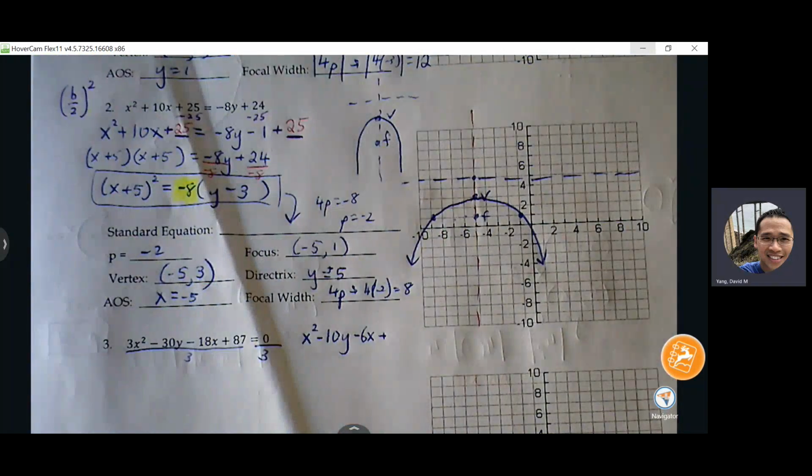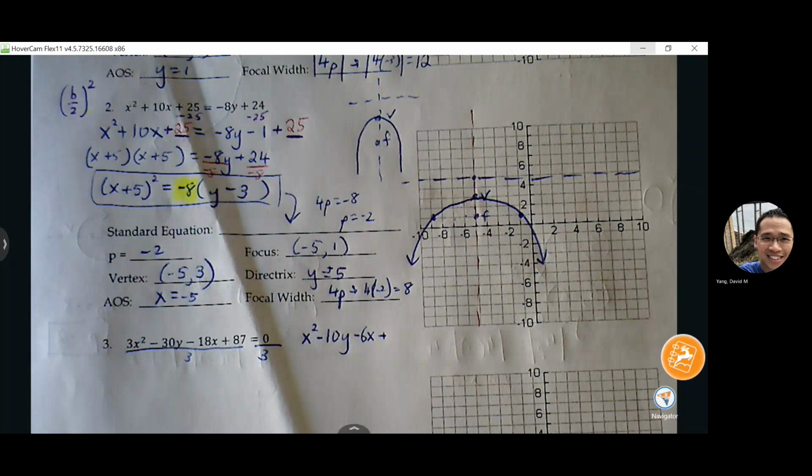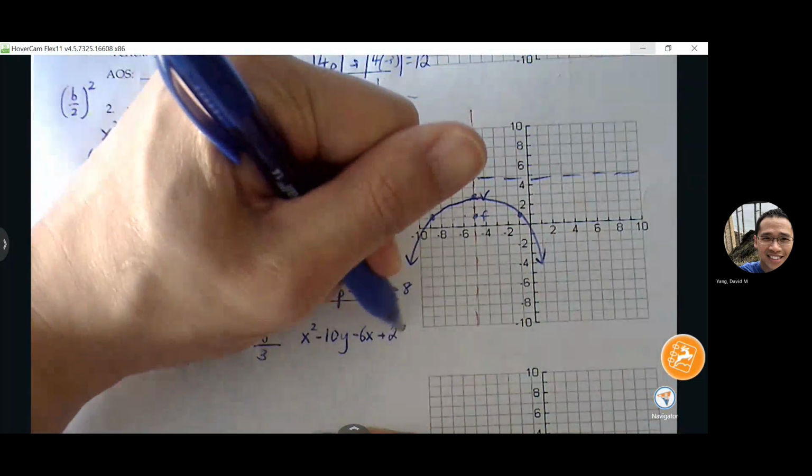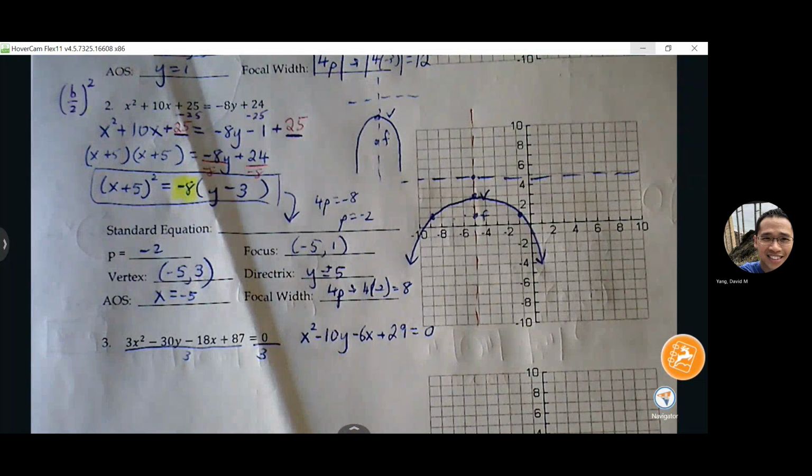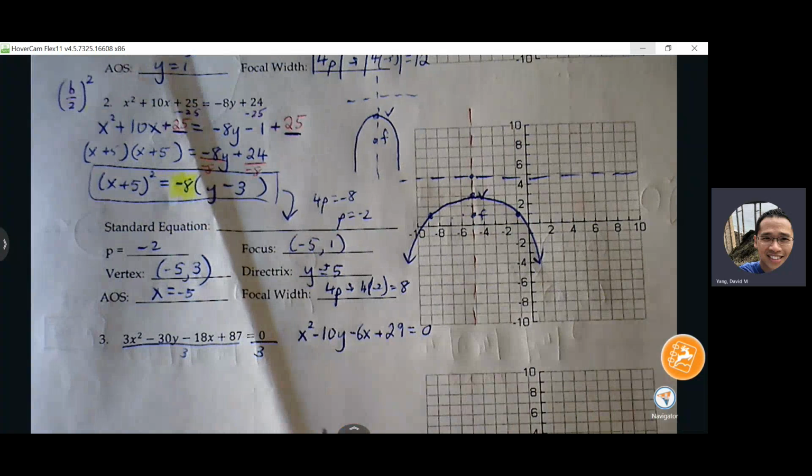87 divided by 3. Sorry, minus 10y. Minus 6x plus 29 equals 0.